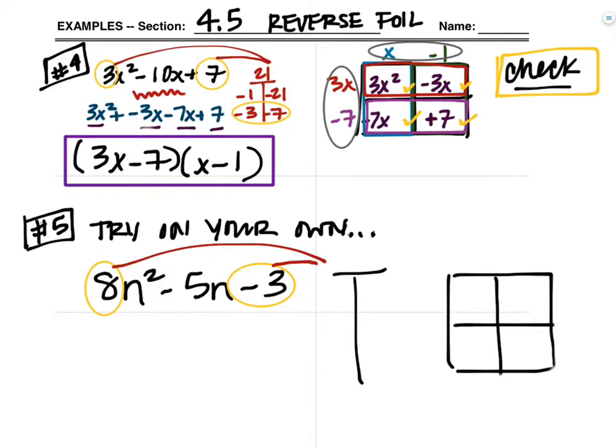Once we find the factor pair in this factor tree that adds to negative 5, we're going to place those terms into this wonderful box over here. Okay, so the visual FOIL box, we're going to then take the greatest common factor out of each term and organize that. Please try this on your own.